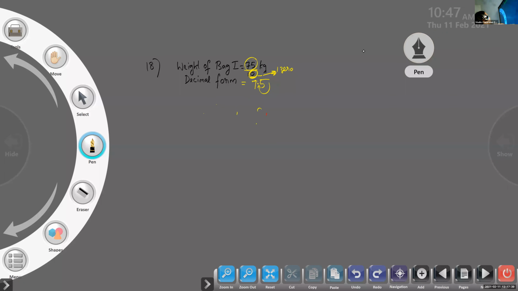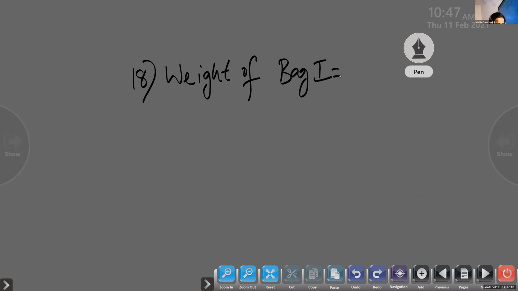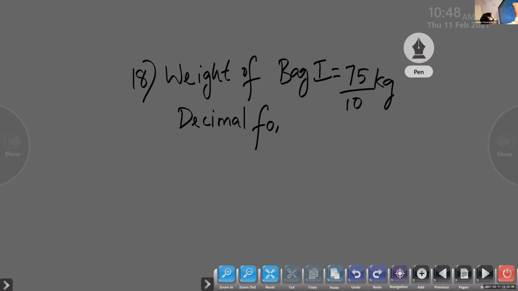Okay, children, I will write it again because this is very small. Question number 18. Weight of bag 1 is given as 75 by 10 kilogram. You have to write the decimal form. To write the decimal form, children, what do we have to do?